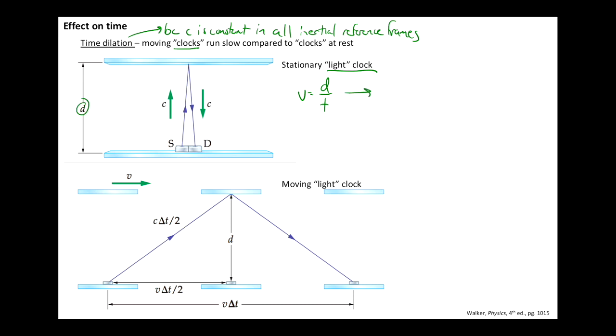So in this particular case, the distance covered is 2d. We don't know how much time that's going to take, but since we're dealing with light, we know the velocity is c. So I'm just rewriting the equation in terms of this imaginary light clock that we've made. Light travels at a certain speed. It's got to go 2d up and back down. That's going to take a certain period of time.